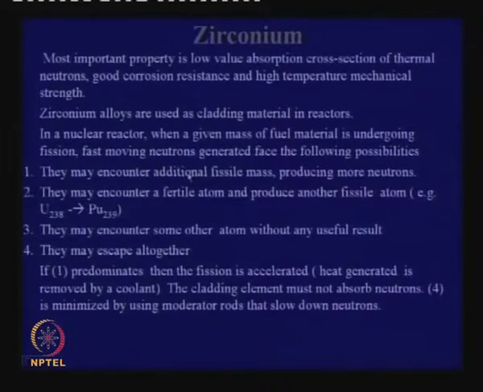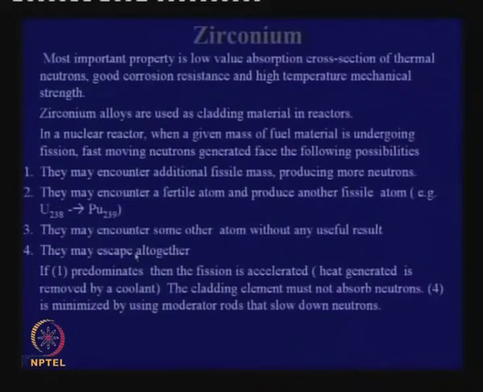They may escape. They may encounter additional fissile mass producing more neutrons. They may encounter a fertile atom, producing a fissionable atom like U-239 from U-238. They may encounter some other atom without any useful result.